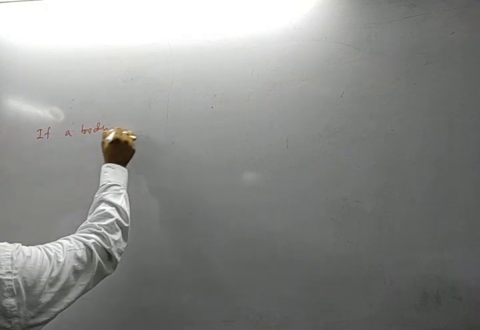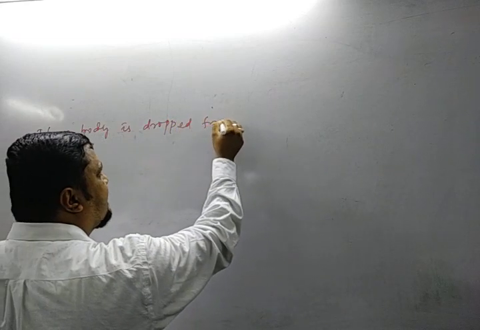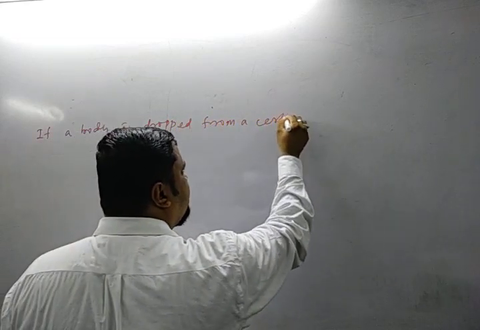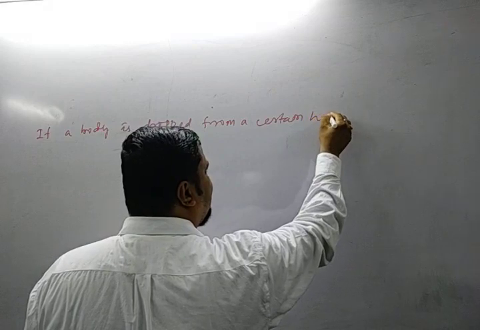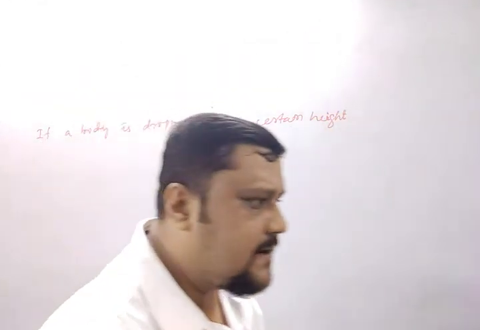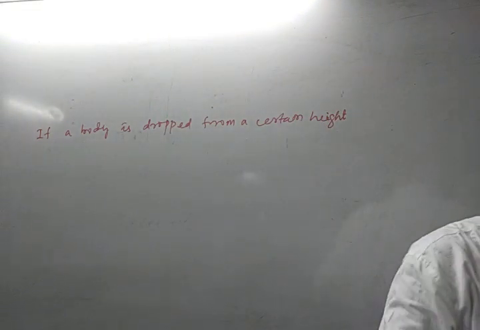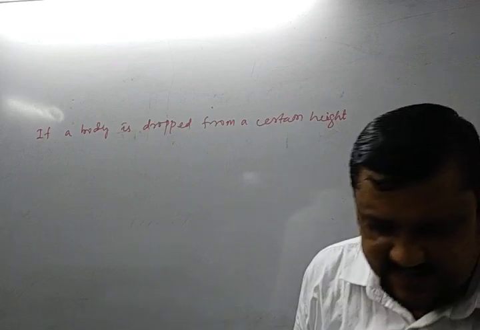Okay, so if a body is released or dropped from a certain height, then the initial velocity is taken as 0.